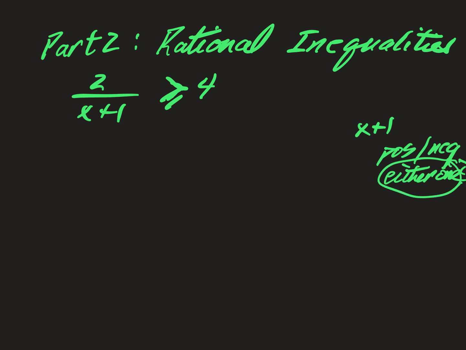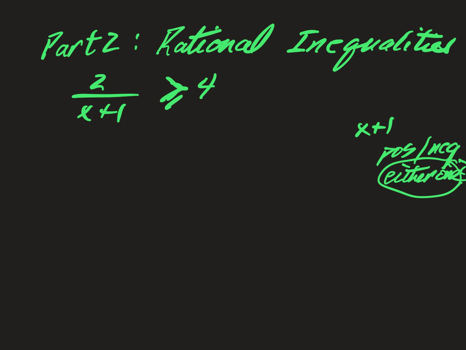It depends on the value of x, but x plus 1 as an expression could represent any value, positive or negative. And if it happened to be negative, then we have to change the direction of the inequality. Remember, if you multiply both sides by a negative, you have to flip the inequality. So, since that's the case, we have to keep the common denominator. We can't get rid of it.